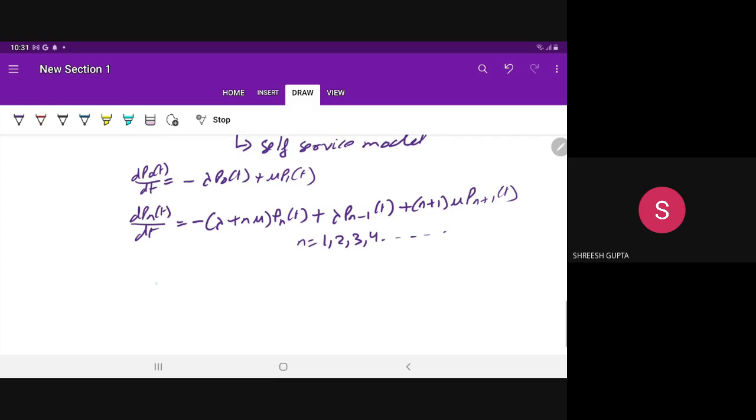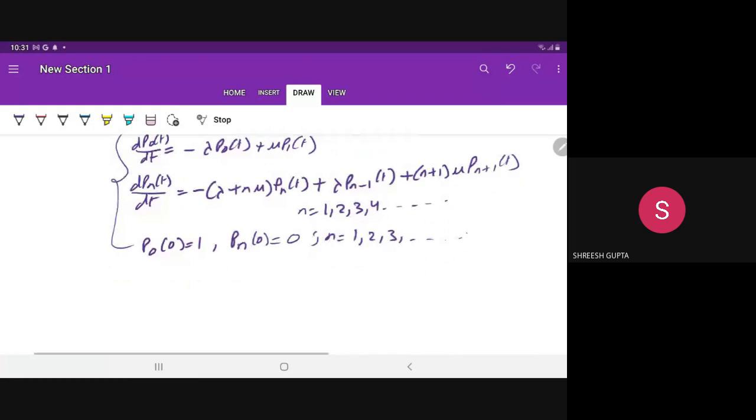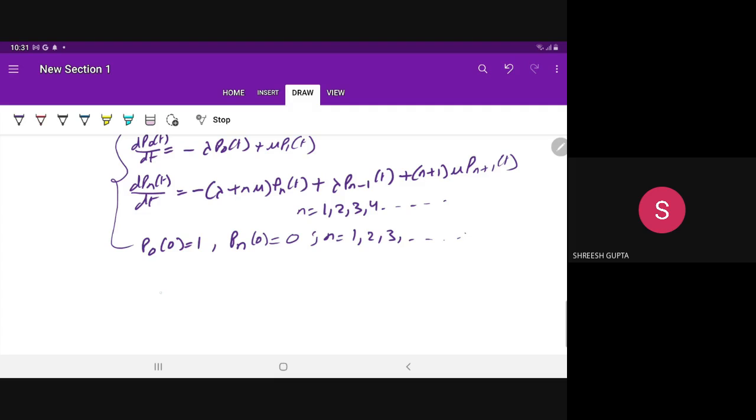With initial conditions p0(0) equals 1 and pn(0) equals 0 for n equal to 1, 2, 3 and so on. So we have the Chapman-Kolmogorov differential difference equation, or transient equation. From here we can write the steady state equation.